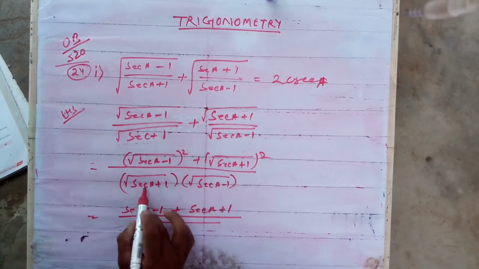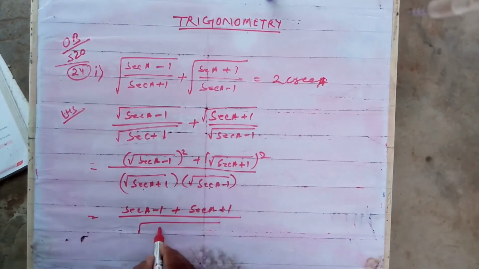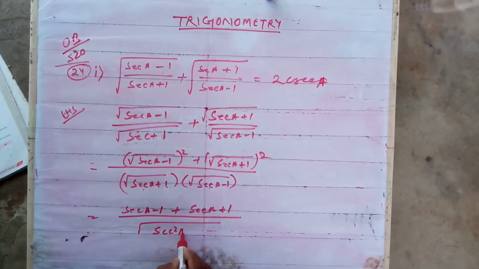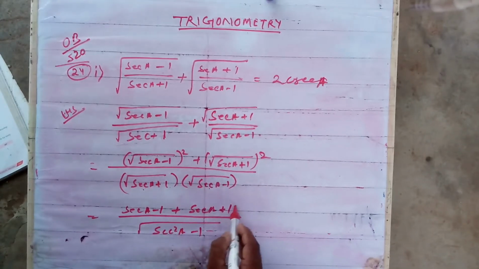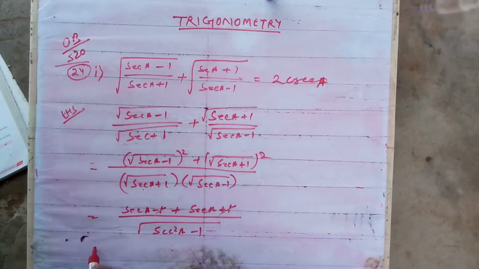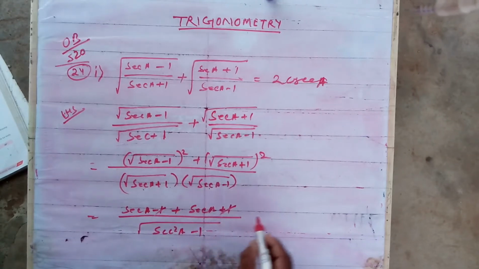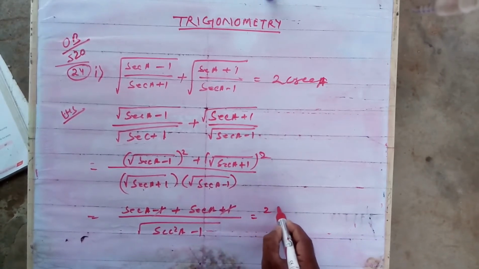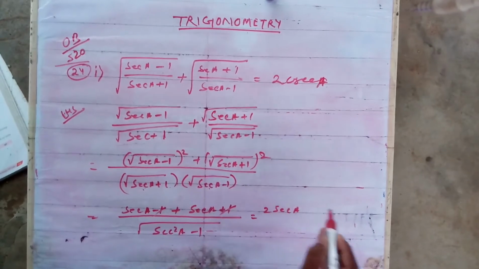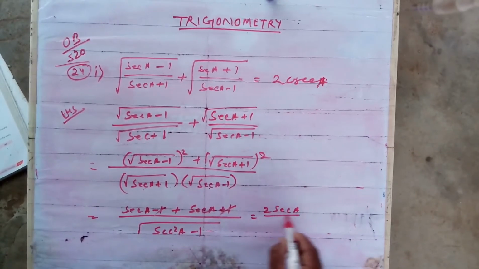These two you multiply: sec a plus 1, sec a minus 1. So it is the a square minus b square formula: sec square a minus 1. Okay, plus 1 minus 1 at the numerator cancel. It will become 2 sec a. Down, what will become? Sec square a minus 1.